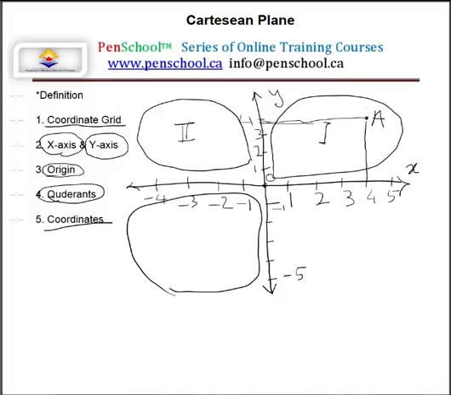Okay, now 4. Therefore, for point A you have x and y. You can simply write A with the value 4 here in brackets, and the value for y is actually 4 again. Coincidentally.